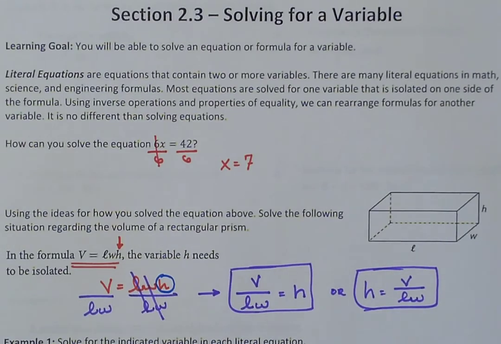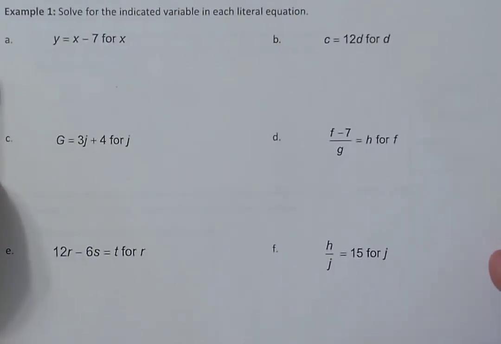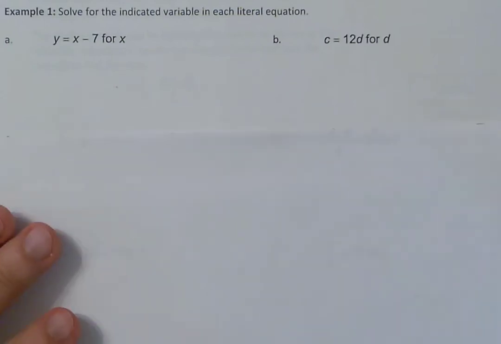So I'm going to move this up for example 1 as we take a look at our stuff for today. We have parts A through F. We're going to run through most of them. Let's take a look at part A first.